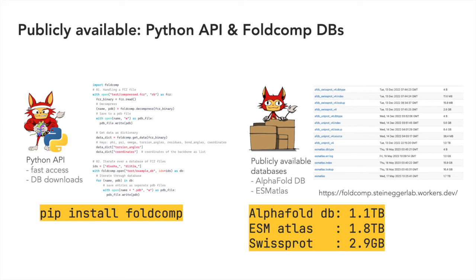Also, Foldcomp is available as a Python API. You can download it with pip, and we released compressed databases of the AlphaFold database and ESM Atlas, and also Swiss-Prot and the model organisms. For the AlphaFold DB, it's just 1.1 terabytes, and for ESM it's just 1.8 terabytes.